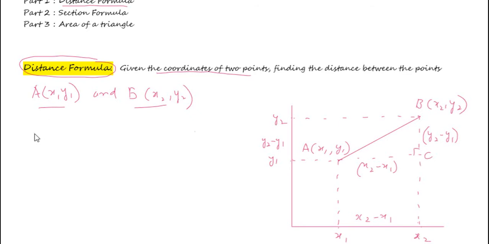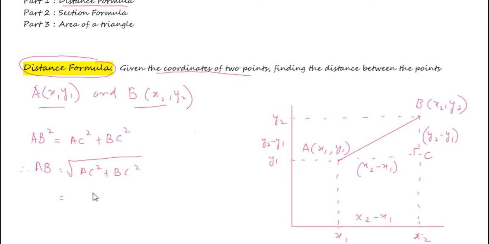In this triangle we know AB square is equal to AC square plus BC square, Pythagoras theorem. Therefore AB equal to square root of AC square plus BC square. Now AC, this distance is x2 minus x1, and BC, this distance is y2 minus y1.